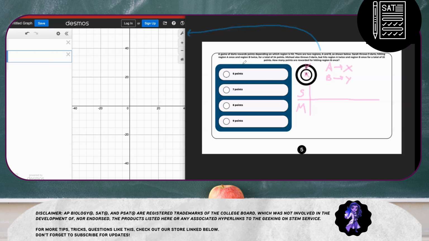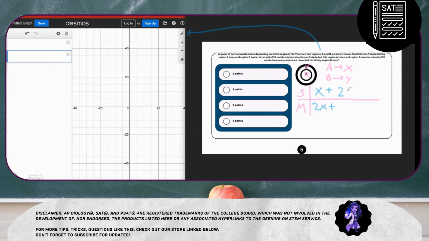Okay, so now we have to set up our equations knowing that we have Sarah and Michael. For Sarah, they let us know that she hit region A once. So that's going to be X. For Michael, he hit region A twice. So that's 2x. We know that we're trying to get the total points, so there's going to be an addition symbol for both of these equations. And then for the next region, which is B, which we have Y, Sarah threw twice as much.